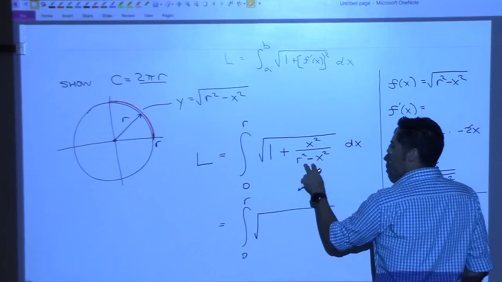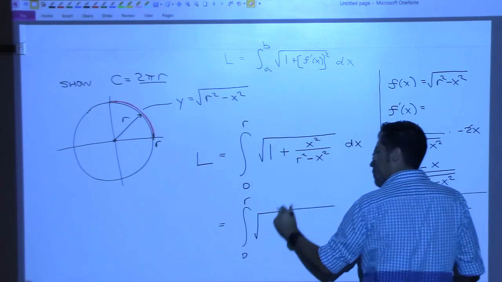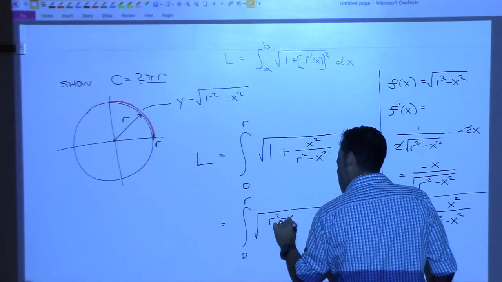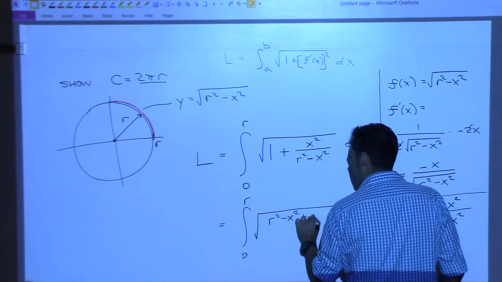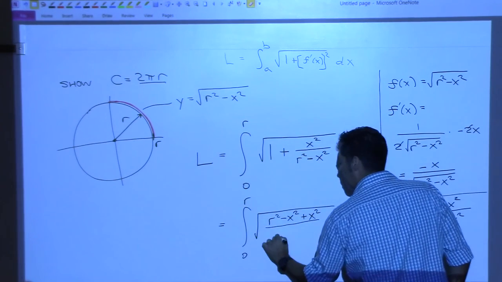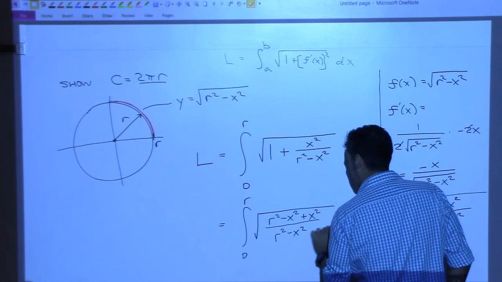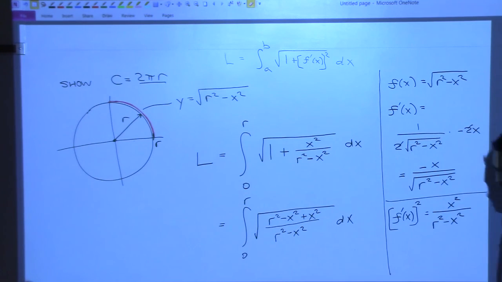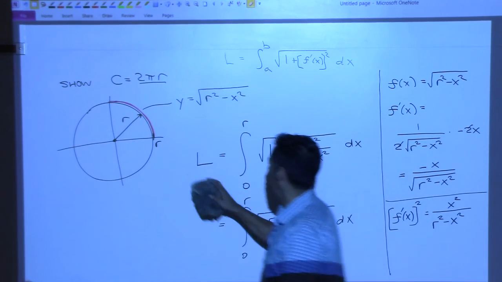Okay, so let's see. We go r squared minus x squared on top. And then we still have an x squared up there from this one. And that's all over our common denominator of r squared minus x squared, and then dx. And we got good news upstairs: the x's cancel. I'm going to come over here.